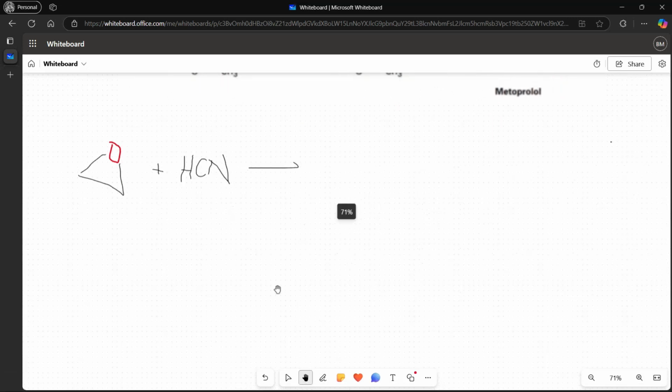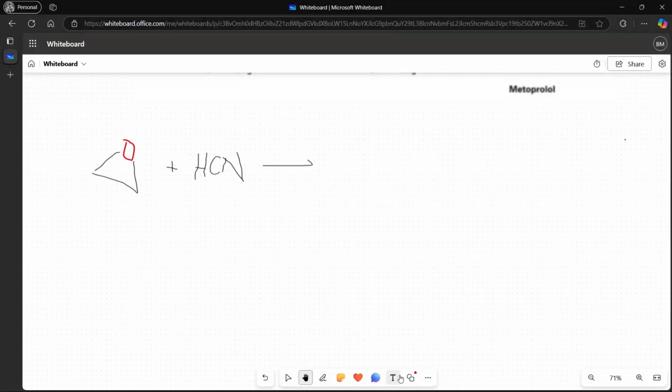The first thing you need to look at, the first step of this reaction usually, is the protonation of the most substituted carbon, which is this one. It could be either side, but since this one is much nearer, this is going to be the carbon of our interest.